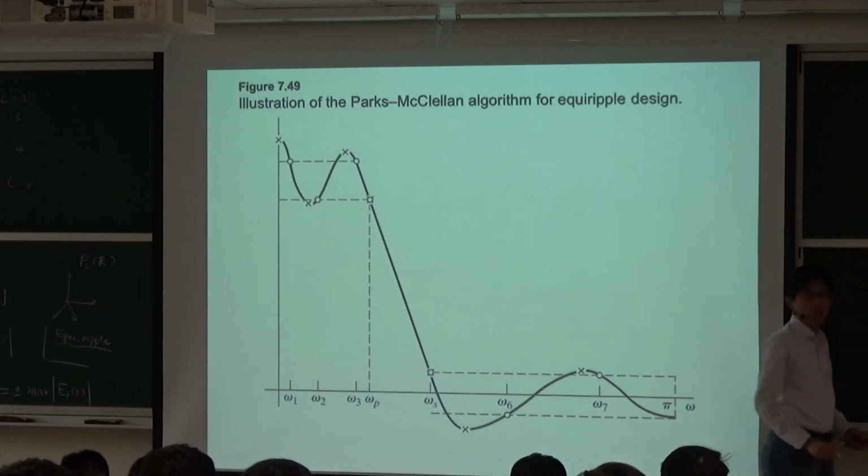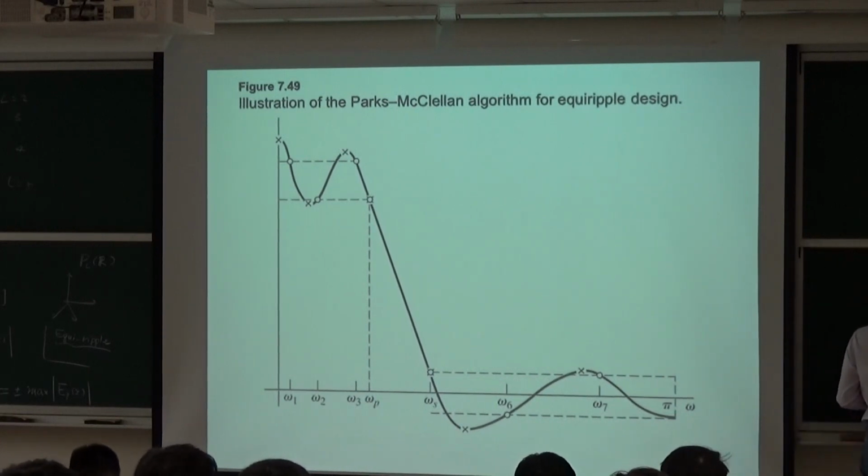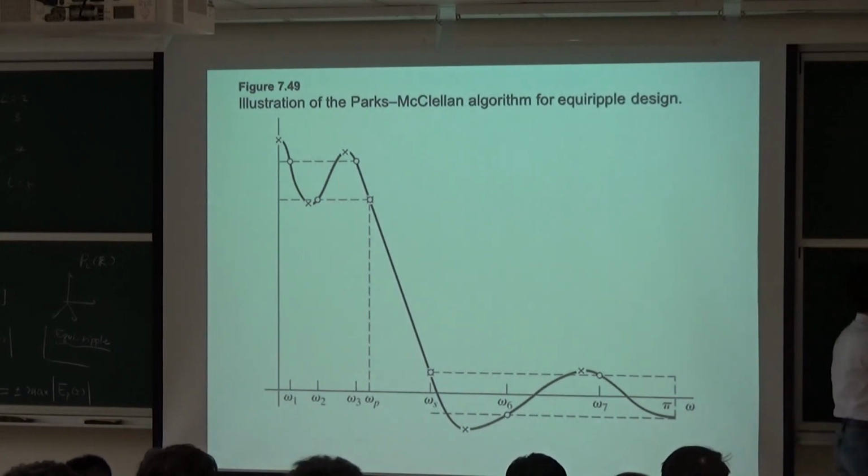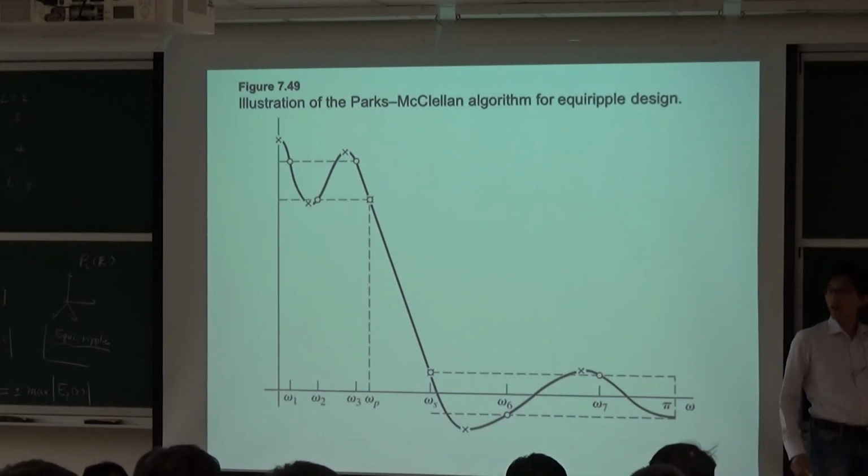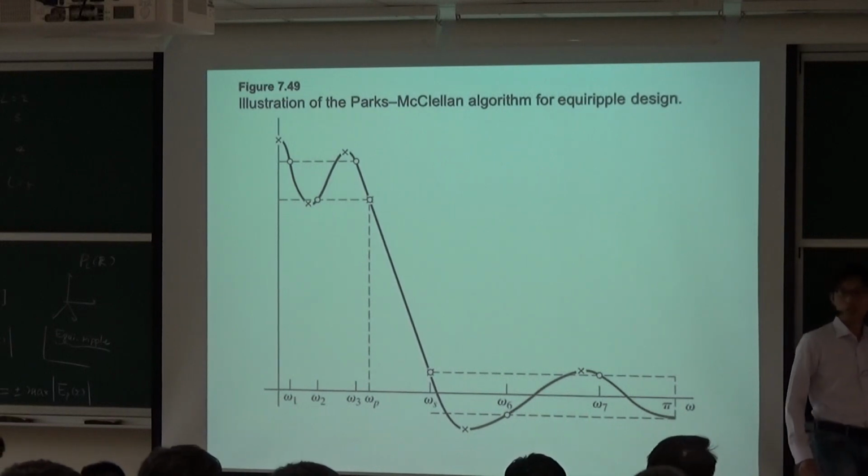We know that each omega corresponds to an x, after the change of variable, x equals cosine omega. So we have these 7 different x's, and we are guessing that they are the alternation points. These are the alternation frequencies after the change of variable. These are alternation x's.